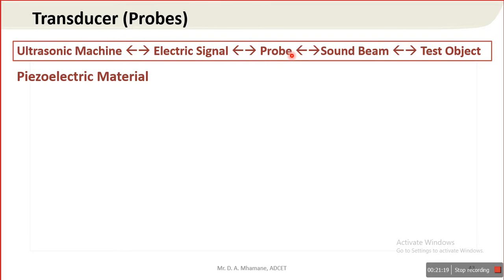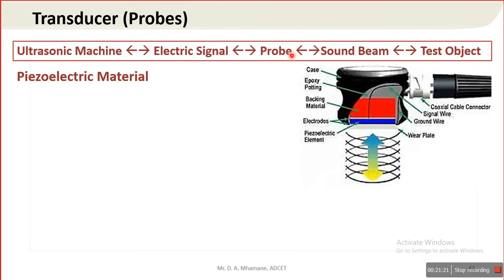If you see the inside structure of the probe, this is the casing, this is the epoxy potting, backing material, these are the electrodes, and this is the piezoelectric element. That piezoelectric element is wholly responsible for transmitting and receiving the ultrasound.